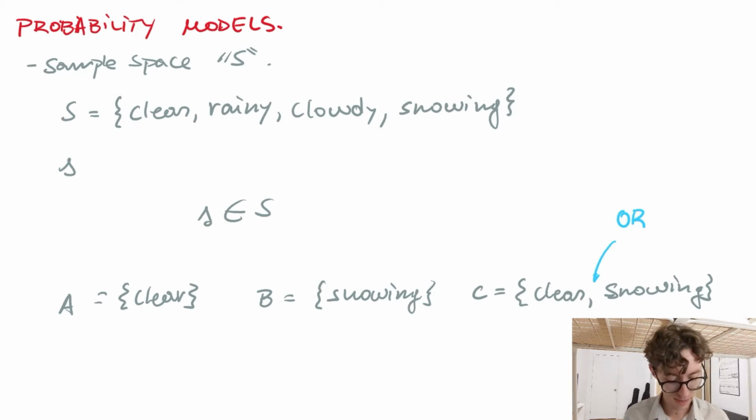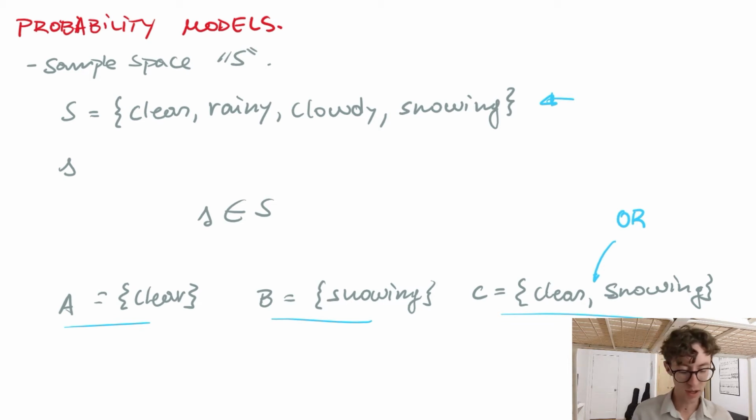We have our sample space S, which is either clear or rainy or cloudy or snowy. We also have events: it can be clear, snowing, clear or snowing. And all of these events are subsets of S, our sample space.